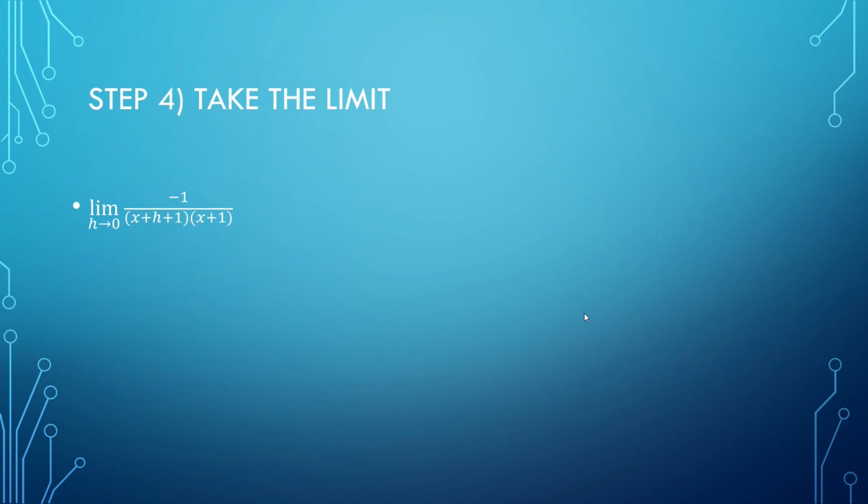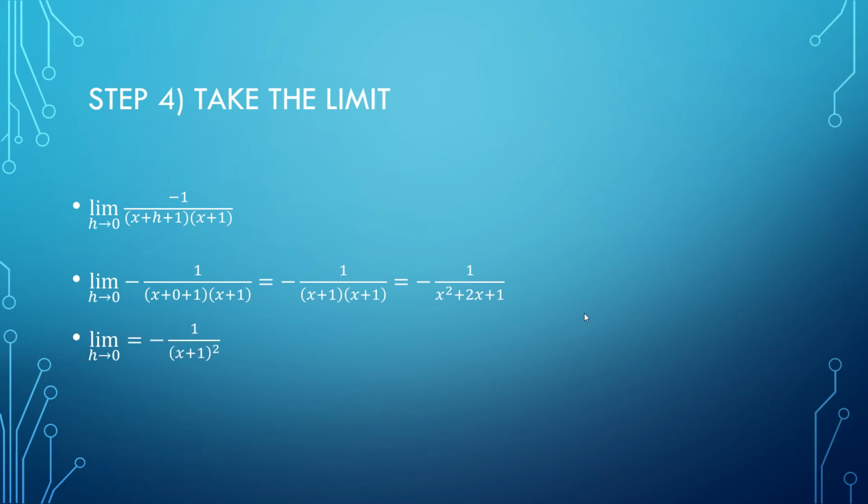So plug in 0 for where there is an h, and we get the limit as h approaches 0 goes to negative 1 over x plus 0 plus 1 times x plus 1, which gives us negative 1 over x plus 1 times x plus 1, which is equal to negative 1 over x squared plus 2x plus 1. The limit as h goes to 0 is negative 1 over x plus 1 quantity squared.